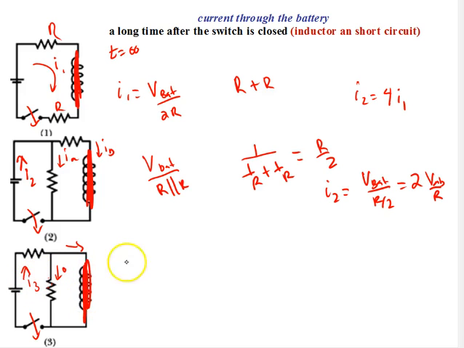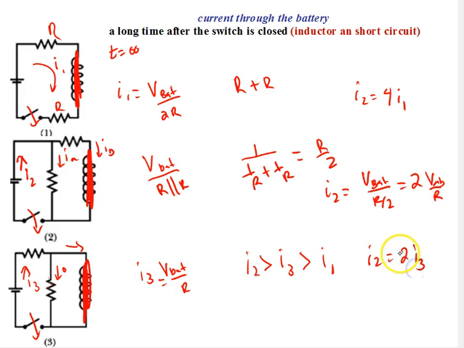So our I3 is just going to be equal to V battery divided by R. So we have I2 is greater than I3, which is greater than I1, which is the least. And in fact, I2 is equal to 2 times I3. So we'll look at more examples in the next video.